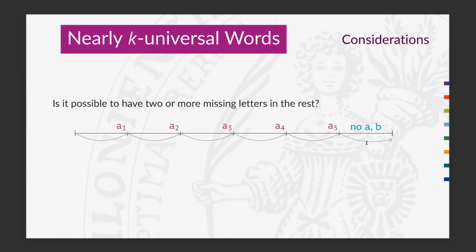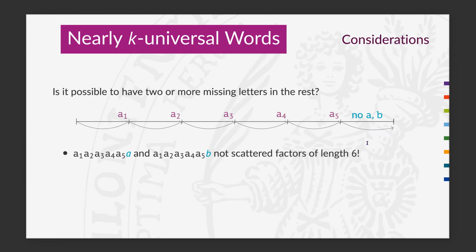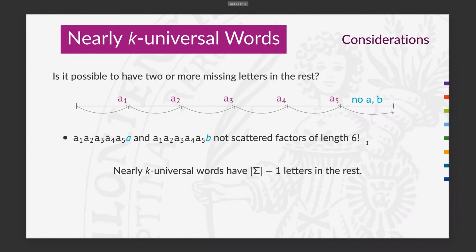But in my rest, I don't have an A and a B. So what happens is the same. I'm jumping the modus, and I add the A and the B, and both are not scattered factors of length 6. So this is neither working. Okay, so we know nearly K universal words have exactly 1 missing letter in the rest.